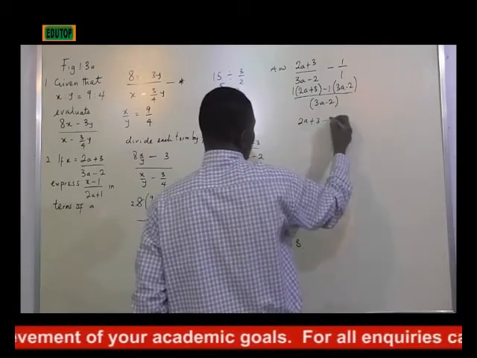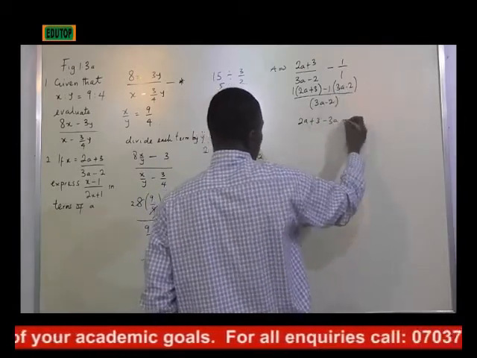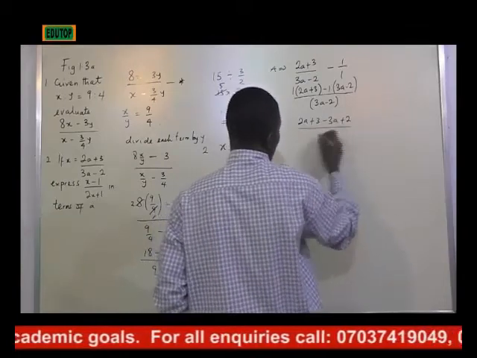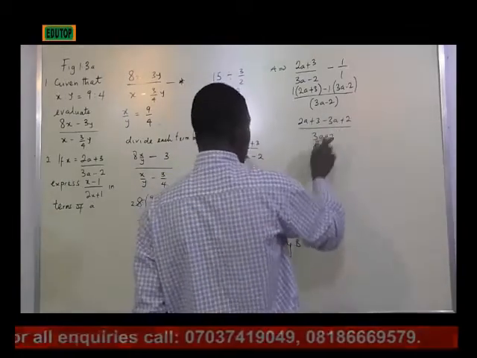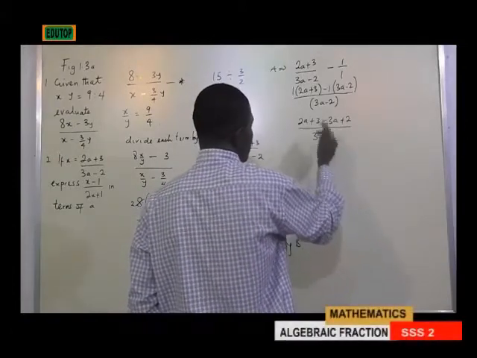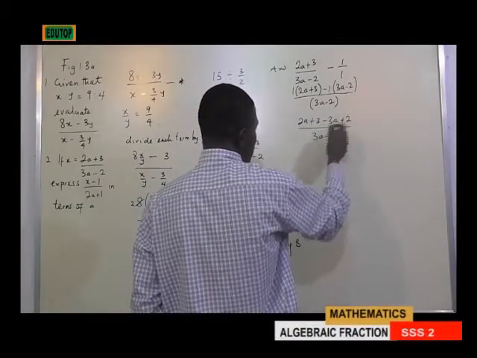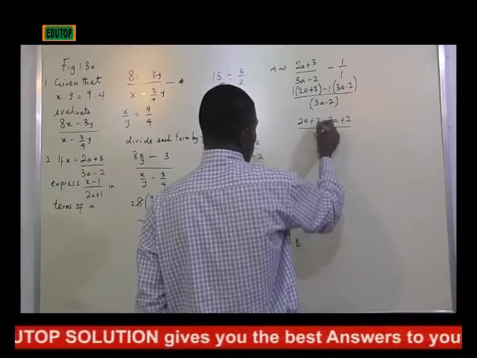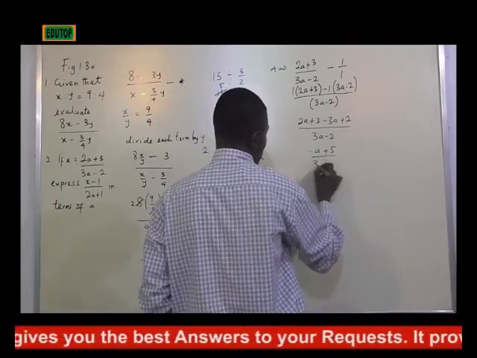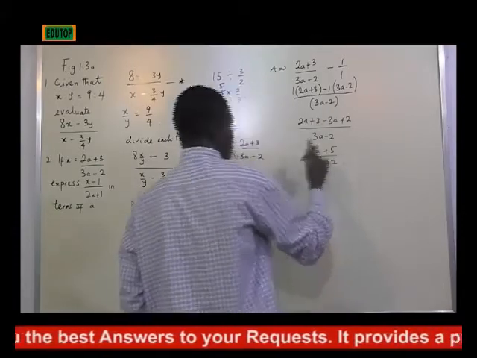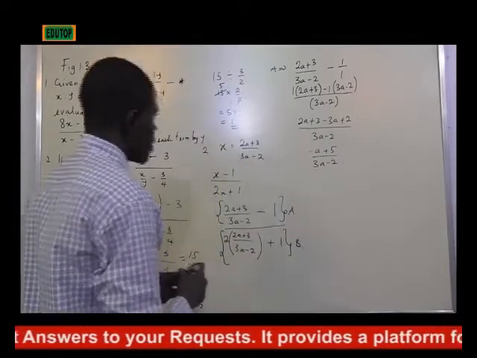Minus times this, minus 3a. Minus 1 times this, plus 2 over 3a minus 2. To simplify this, I have 2a minus 3a, that's minus a, plus 3 plus 2, plus 5 over 3a minus 2. This is my first one, which is my a.